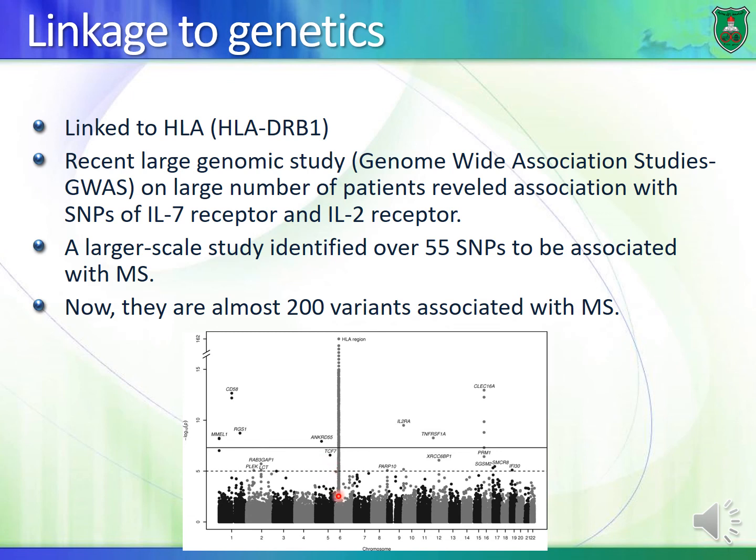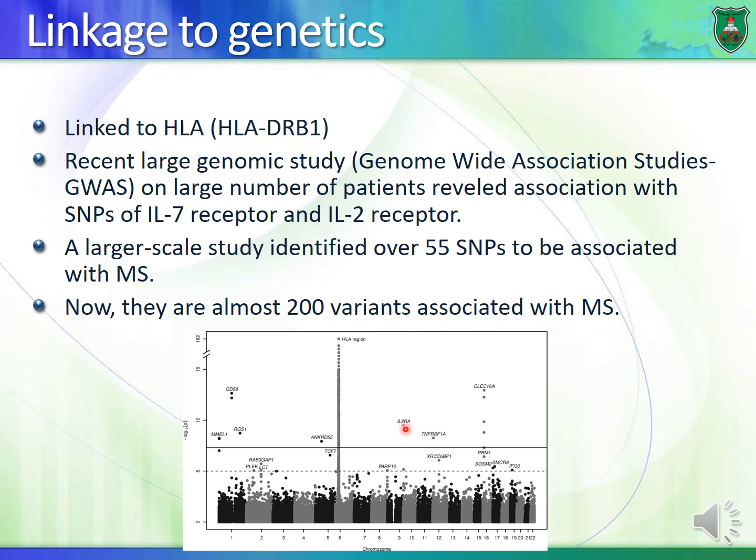So you notice that this one right here passes the threshold of the statistical value that we just talked about. You can see that this gene is actually the HLA region, HLA-DRB1. You can see the involvement of a number of genetic factors or SNPs or markers, including the interleukin-2 receptor gene shown in here.